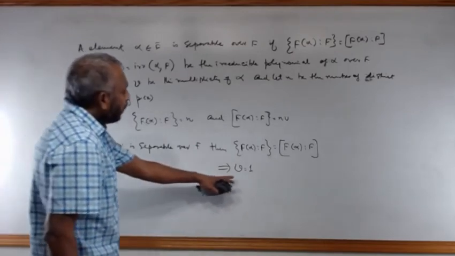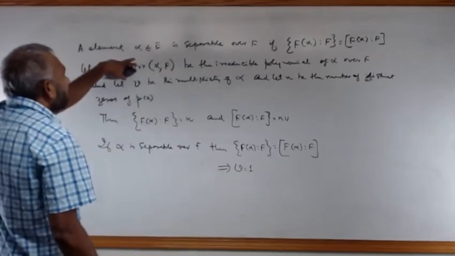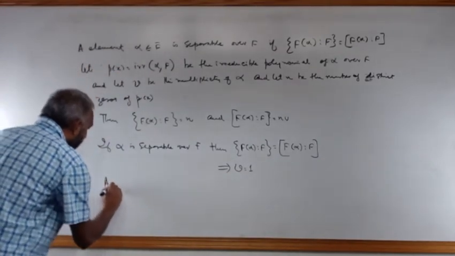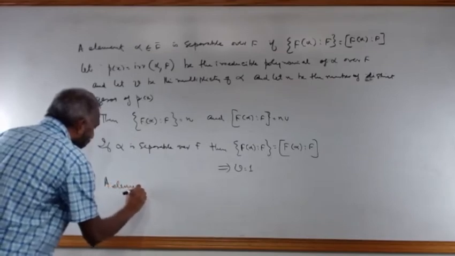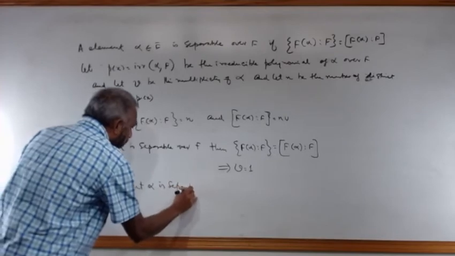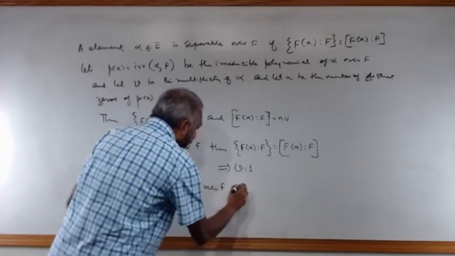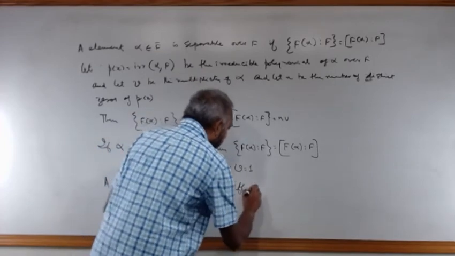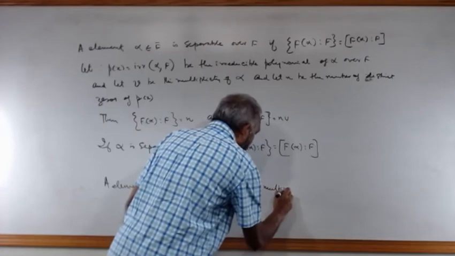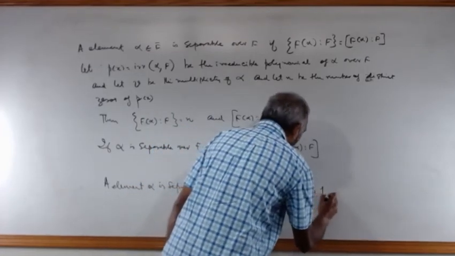And when v is equal to 1, if you go back, you'll see that alpha is separable. So an element alpha is separable over F if and only if its multiplicity is 1.